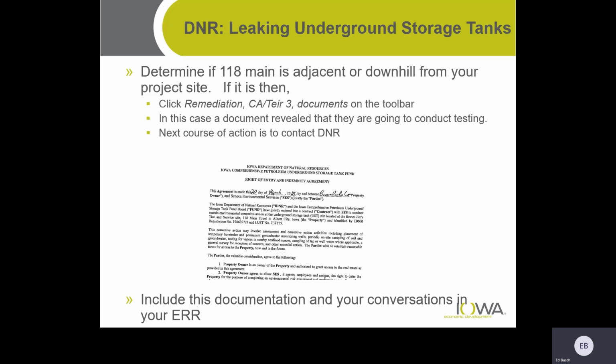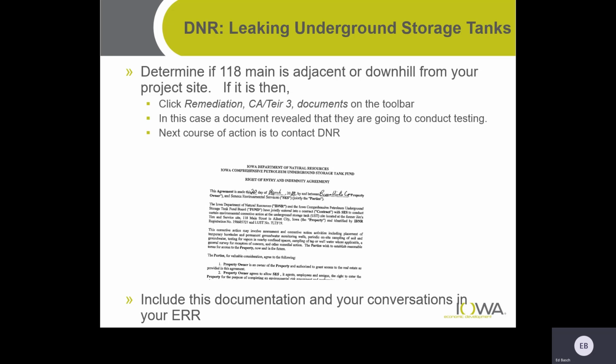So leaking underground storage tanks, if you have one, determine if it's adjacent or downhill from your project site. If it is, then click the remediation CA Tier 3 documents on the toolbar.